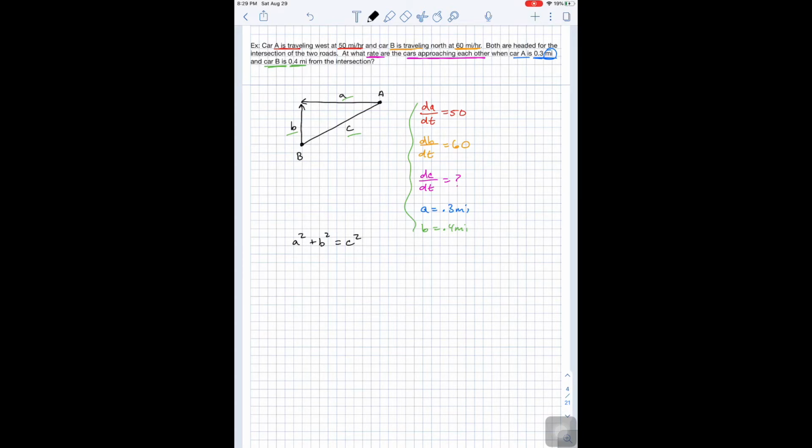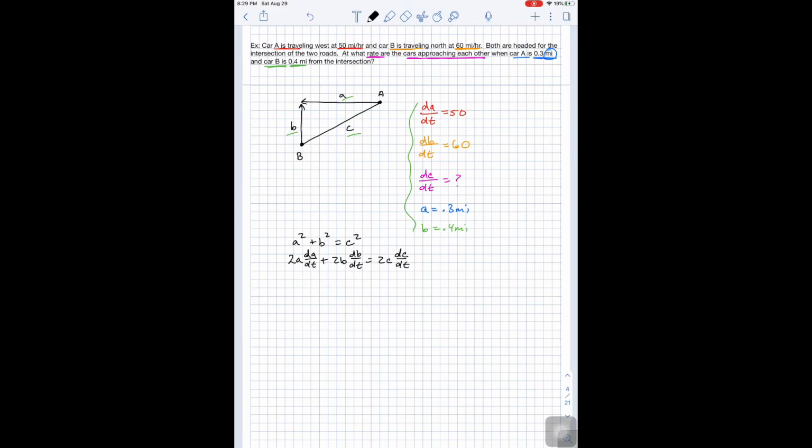And then we take the derivative. So, derivative of a squared is 2a, and then we've got to label it, dA/dt. Chain rule, it's the chain rule. And then we've got 2b dB/dt, and then 2c dC/dt.